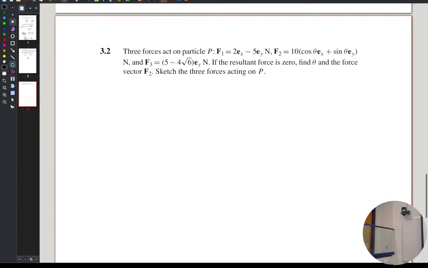Okay, yeah. Just sum of x and y. So E would be a unit vector, say EX is pointing one way, EY is pointing another way.